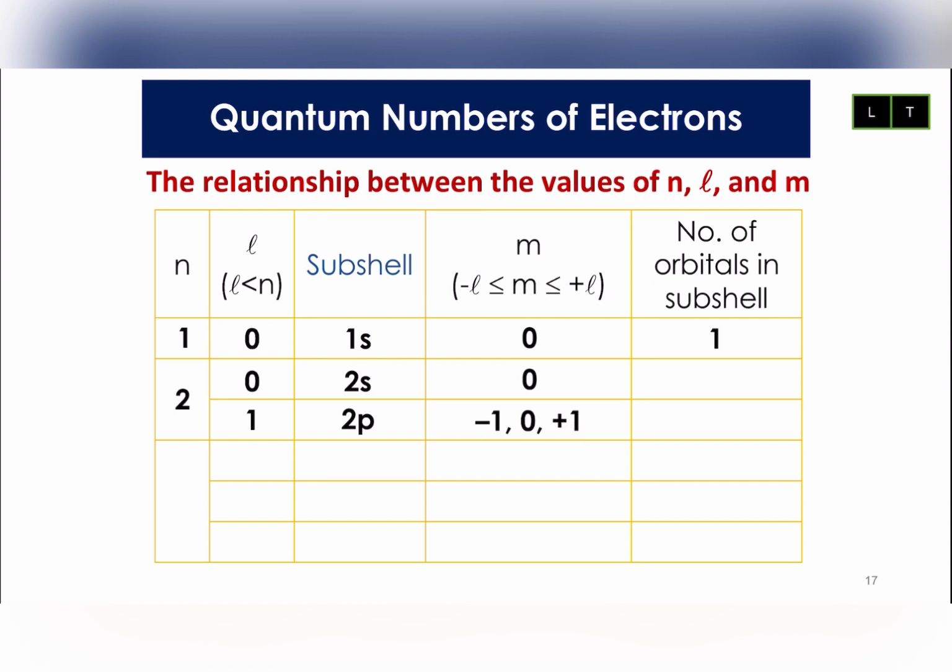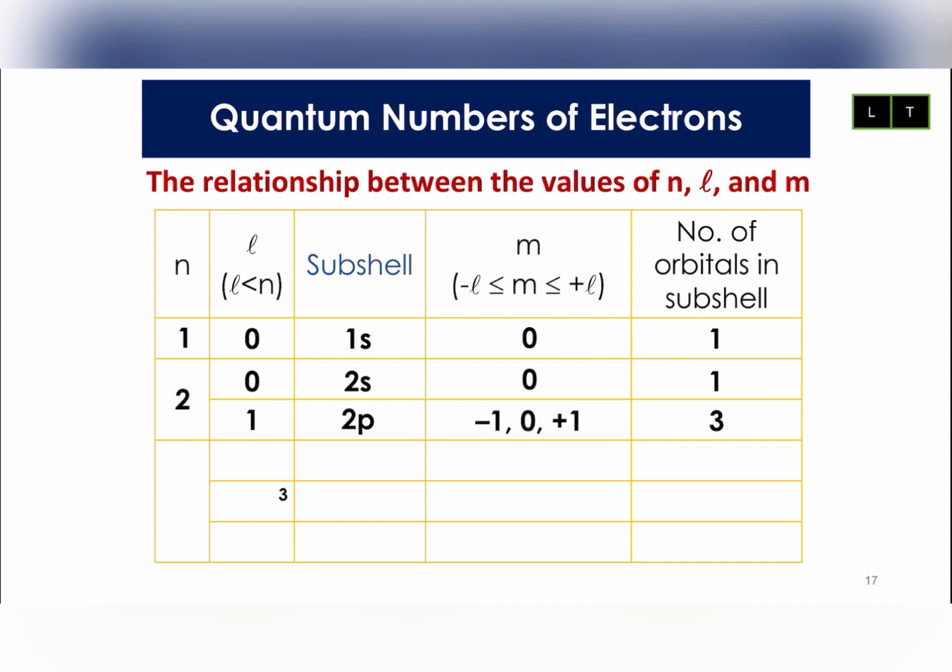If you take a look here, for 2s you have one orientation only, so that's why there is one orbital in this subshell. But for 2p, you have 3 orientations, so it means you have 3 different orbitals in this same subshell.